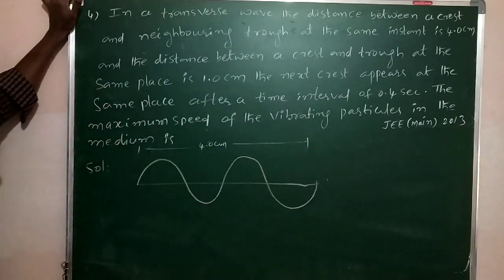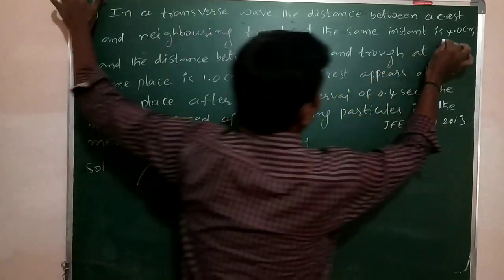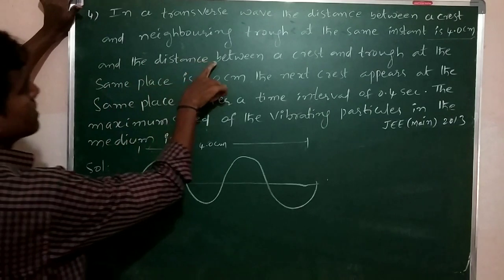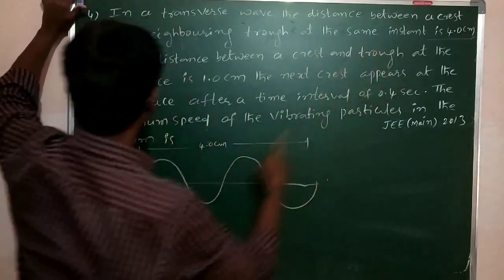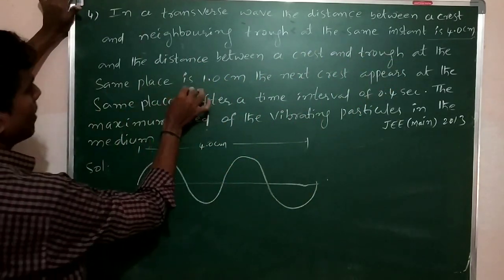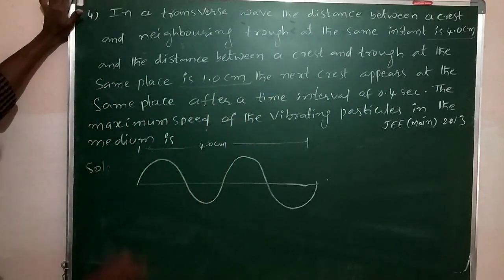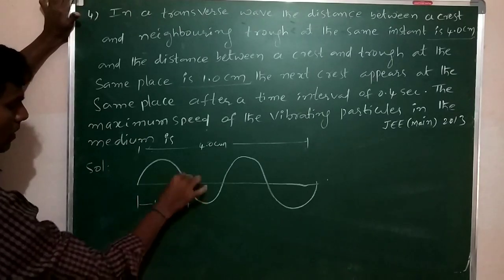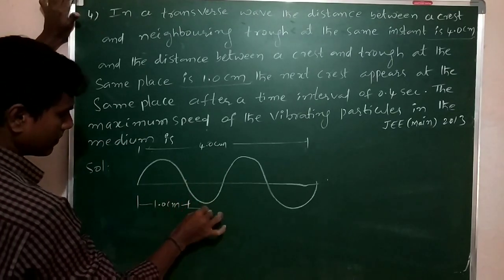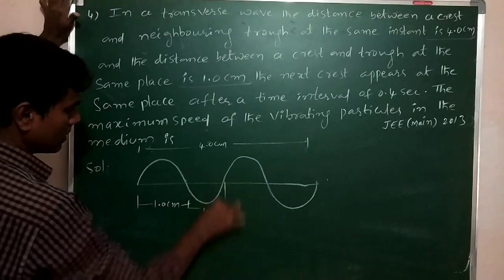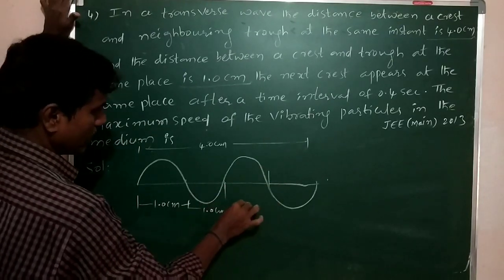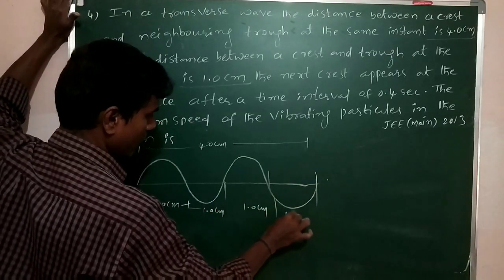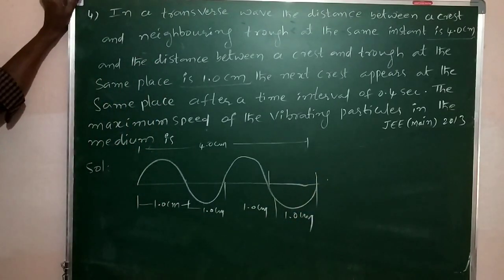The distance between a crest and trough at the same place is 1.0 centimeters, from here to here 1.0 centimeters, from here to here 1.0 centimeters, like this.